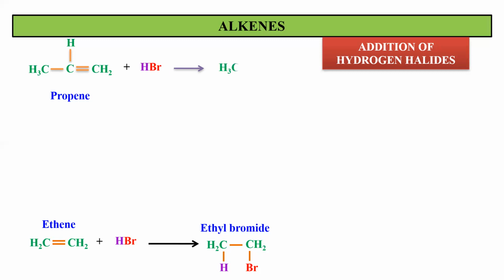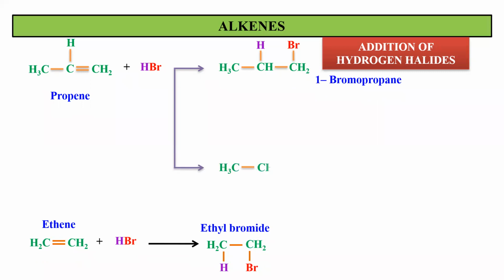Then you would get CH3CH2CH2Br, which is nothing but 1-bromopropane. But there can be a situation where bromine might be added to the second carbon atom, giving you CH3CHBrCH3, and this compound is referred to as 2-bromopropane.